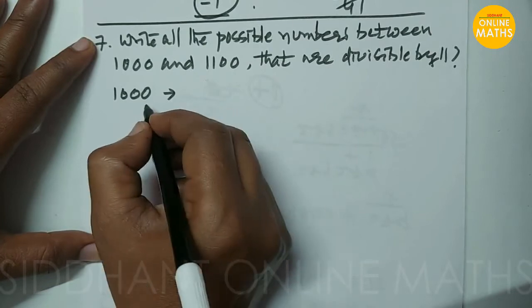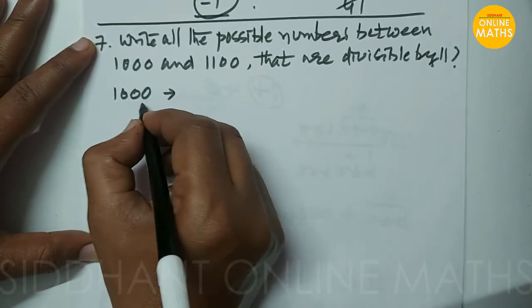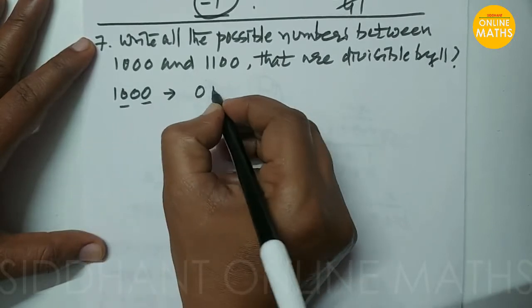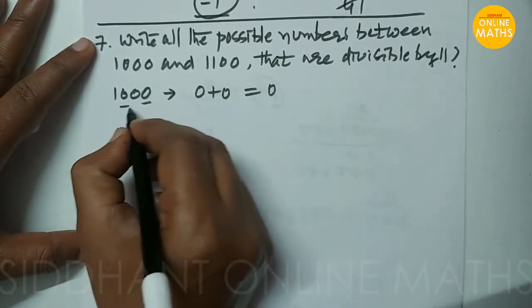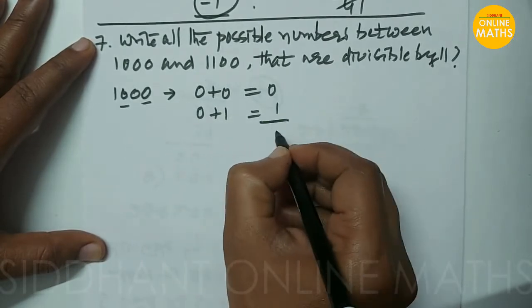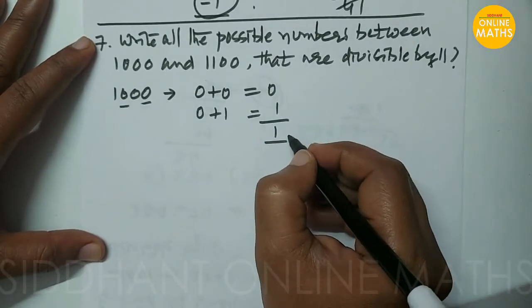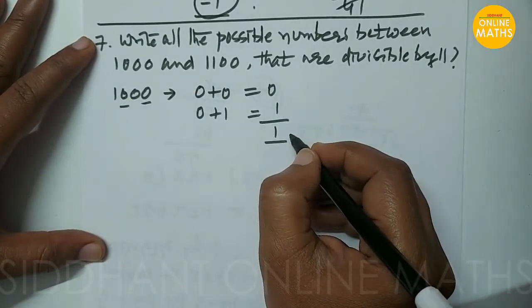We have to see the odd-place digits and even-place digits. Odd digits: 0 plus 0 we get 0, and even digits: 0 plus 1 we get 1, and the difference we get is 1. So this 1 is not divisible by 11.